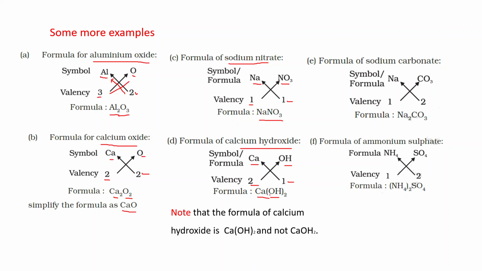As we discussed, the polyatomic ion OH is written in a bracket because it is more than 1. Don't write it without the bracket, this is the wrong formula. In this case, OH comes 2 times, but it would indicate that oxygen is 1 and hydrogen is 2, which is wrong.